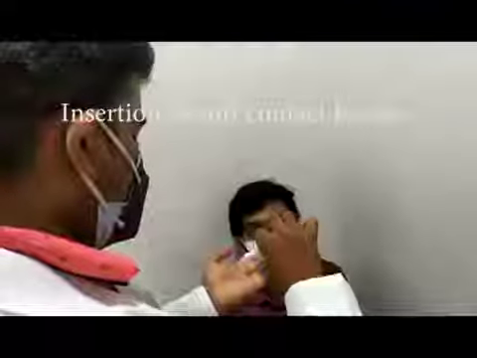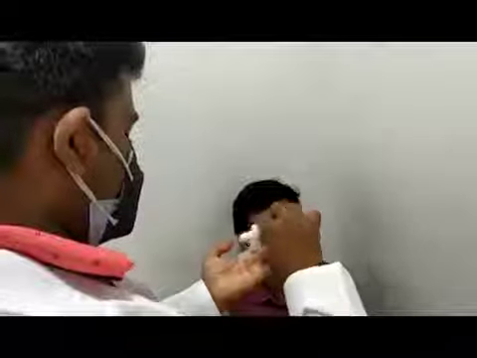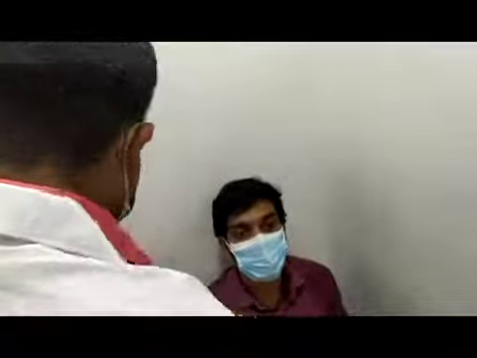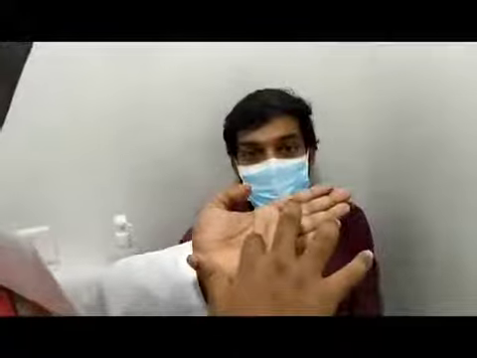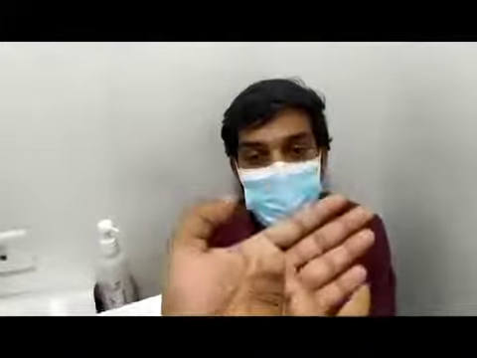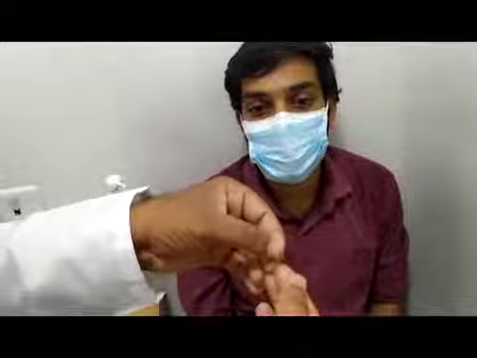Finally, we are going to insert contact lenses on the patient's eyes. As I have already told, we need to wash the lens very properly. After that, make sure the lens is clean and does not have any damage, and that the lens is right side out. Then place the lens on the fingertip of the index finger of your dominant hand.